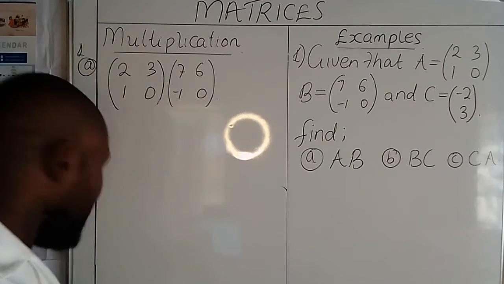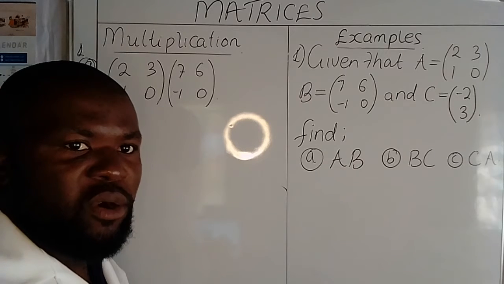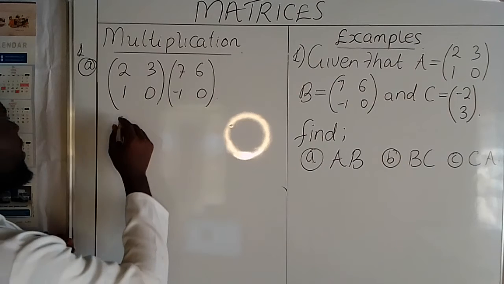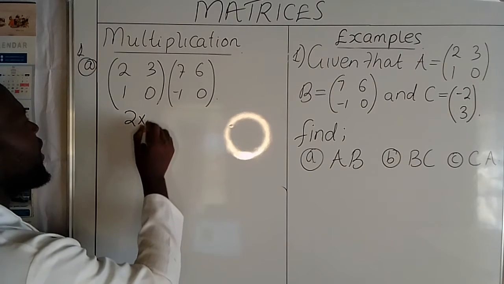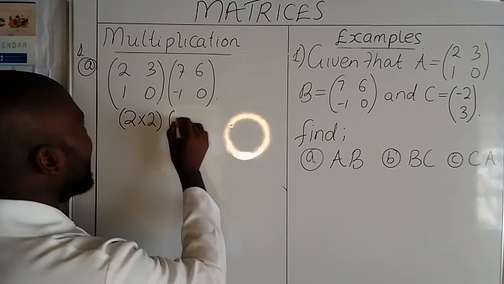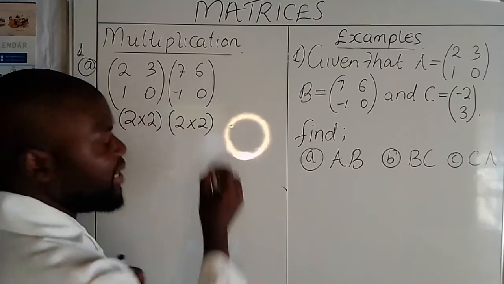The way we multiply, we first need to know the order of the matrices that we are multiplying. This one is a 2 by 2 matrix, which we are multiplying by another 2 by 2 matrix.